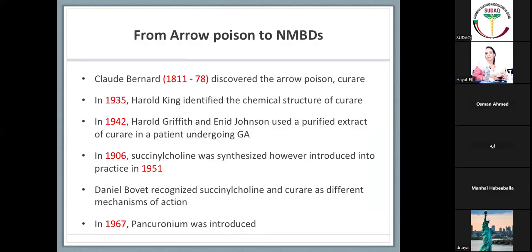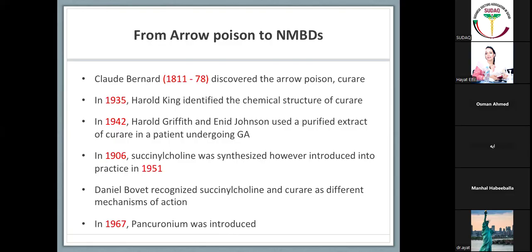And then in 1935, Harold King identified the chemical structure of that compound, curare, which they used in hunting. And then in 1942 Harold Griffith and Enid Johnson used a purified extract of curare in clinical settings, in a patient undergoing general anesthesia.